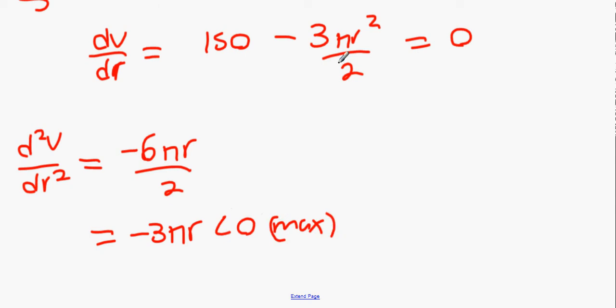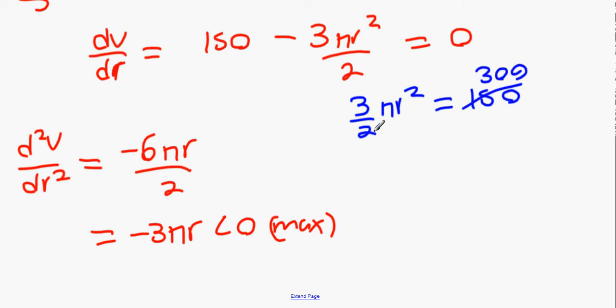Now back to solving this here. We're going to get 3 over 2 pi r squared equals 150. Multiply by 2 to get 300. Divide by 3 to get 100. So pi r squared equals 100.